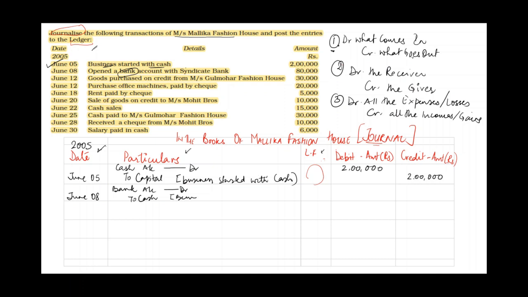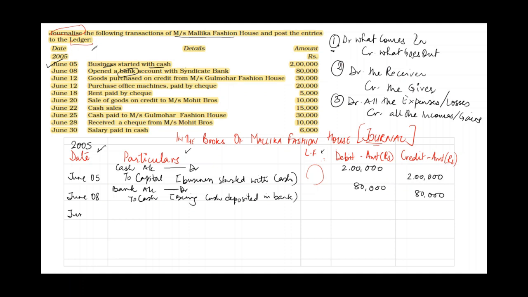Narration: being cash deposited in bank. Amount is 80,000 both. So debit the bank account and credit the cash account. Now June 8th is finished.